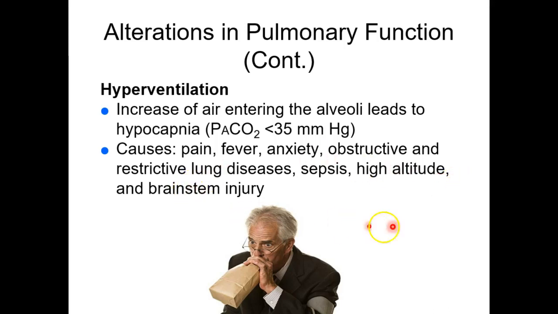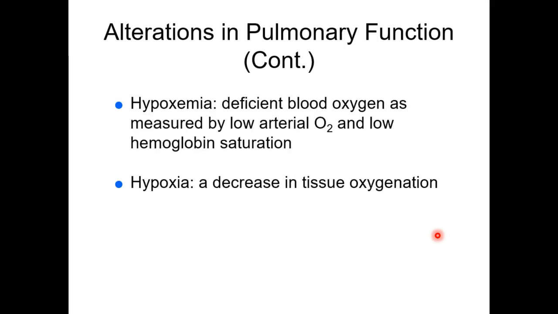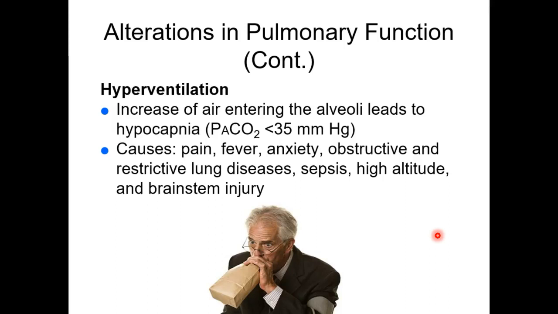And again, there can be multiple causes of hyperventilation, as simple as anxiety. Maybe you just took a really hard test. Maybe you're at really high altitude and the oxygen level is low. Maybe you have a brainstem injury or an obstructive or restrictive lung disease. Respiratory alkalosis, A-L-K-A, alkalosis, L-O-S-I-S.